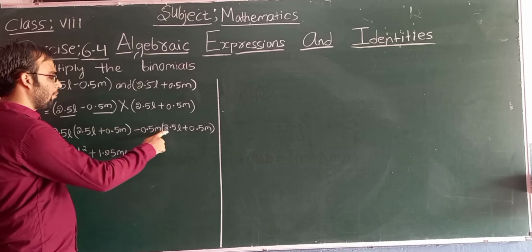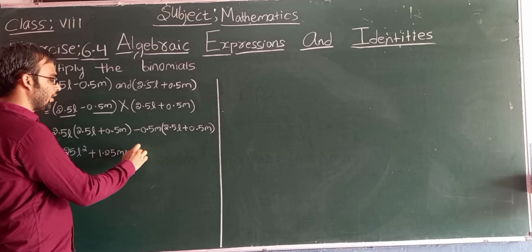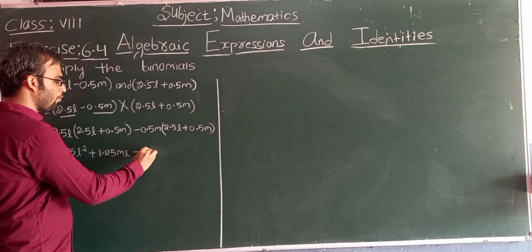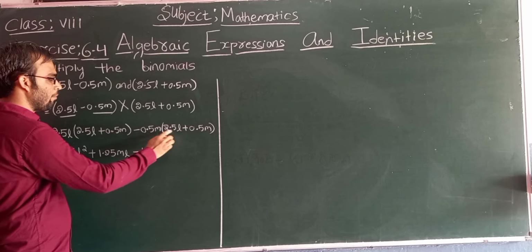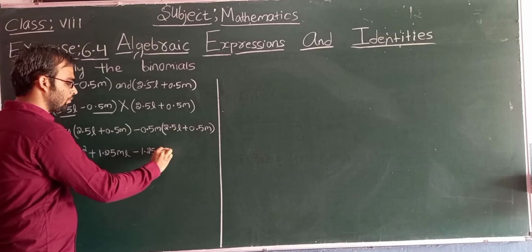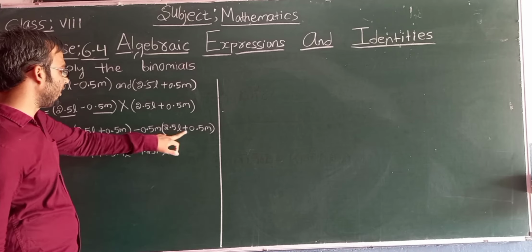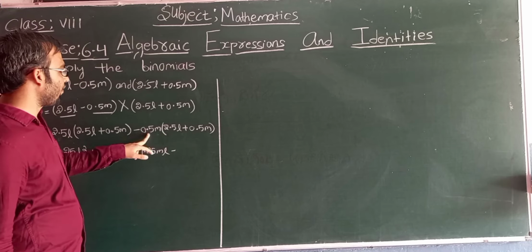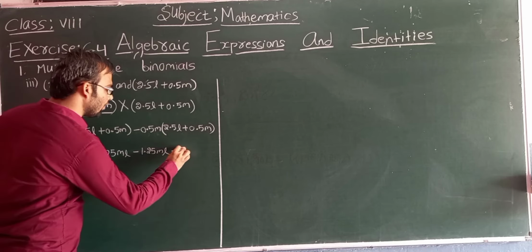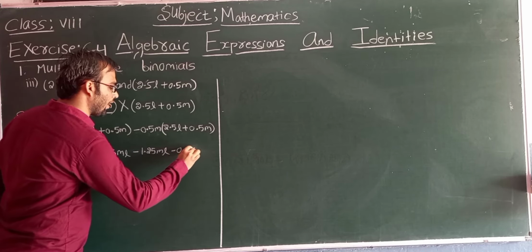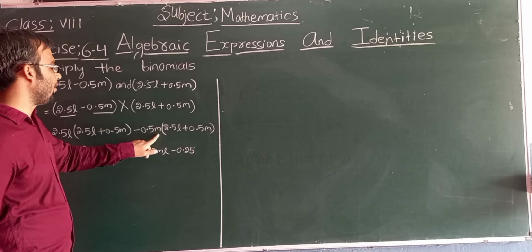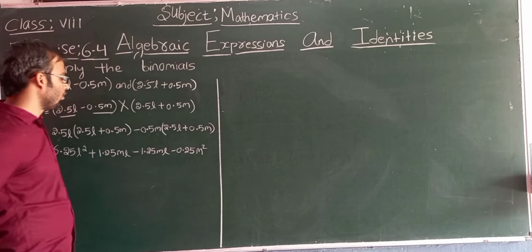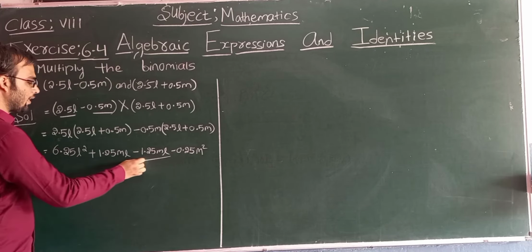Here minus is there, here plus is there, so minus into plus will be minus. 0.5 into 2.5 will be 1.25. M into L is ML. Here minus, here plus, so minus into plus will be minus. 0.5 into 0.5 will be 0.25. Next M into M is M square.